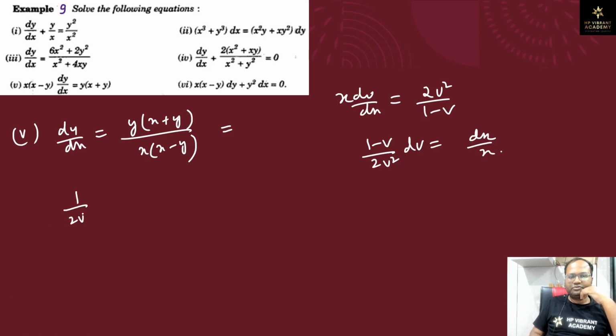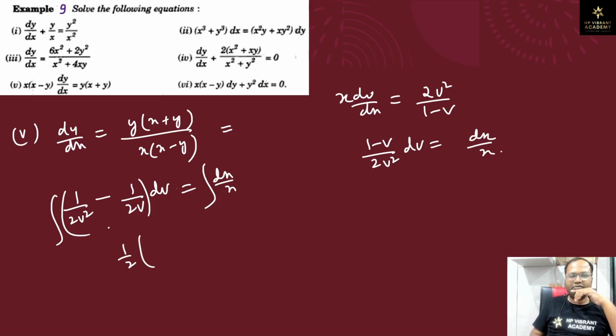So 1 upon 2v square minus 1 upon 2v dv is nothing but equal to dx upon x integration. So the 1/2 and integration of 1 upon v square will be -1/v, and integration of 1/v will be minus log of v, is equal to log of x plus c.